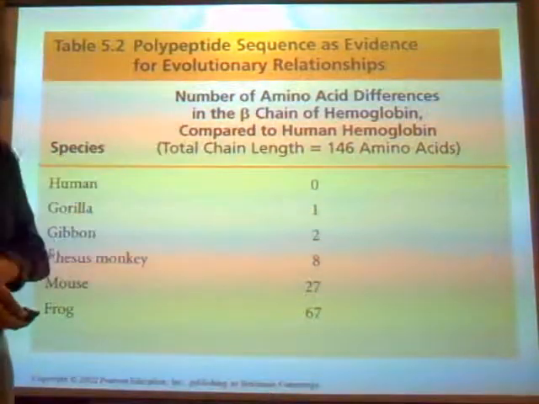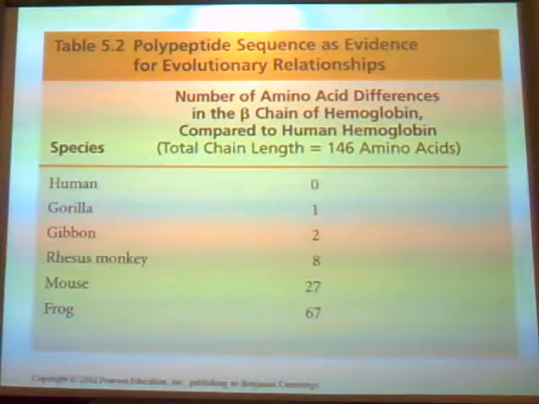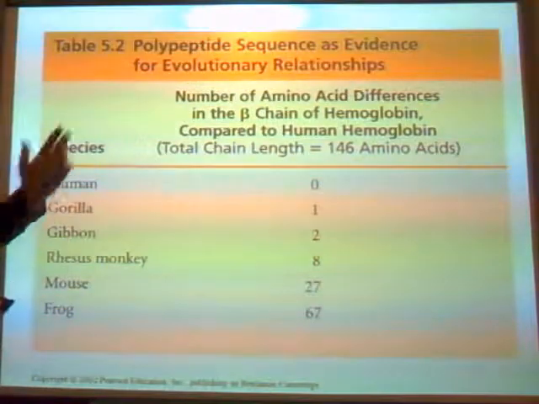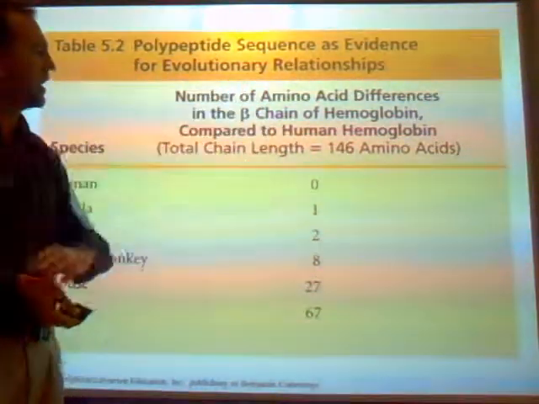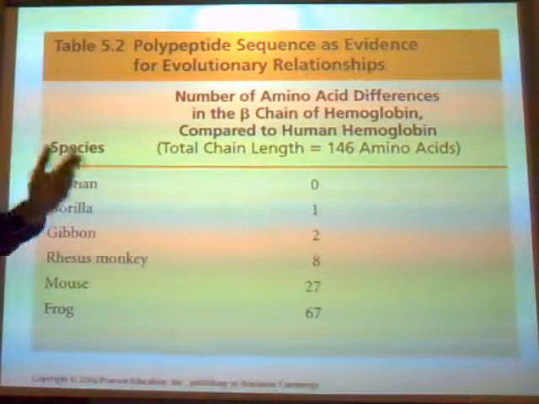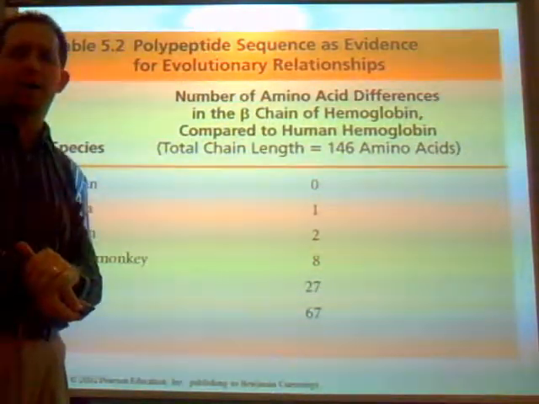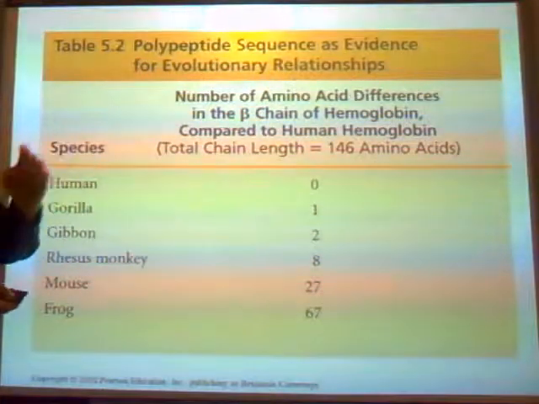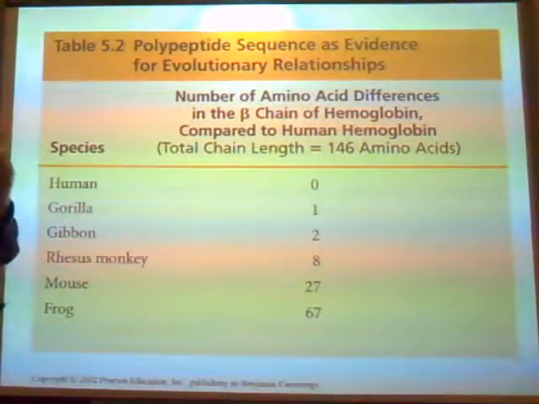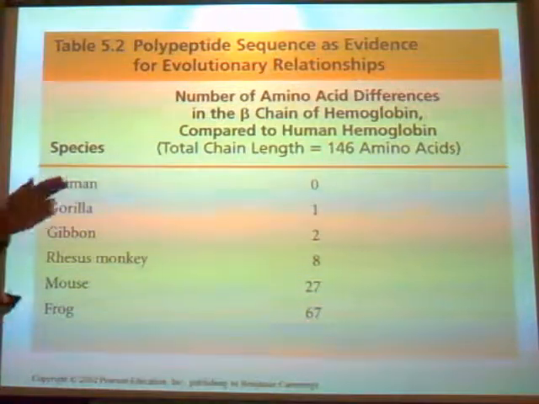So for example, here's a sequence of amino acids to form a particular chain, looking at hemoglobin of different organisms as compared to the hemoglobin found inside of humans. If we compare these to humans, notice that for gorillas, there's one difference, and only one difference, in that amino acid chain.